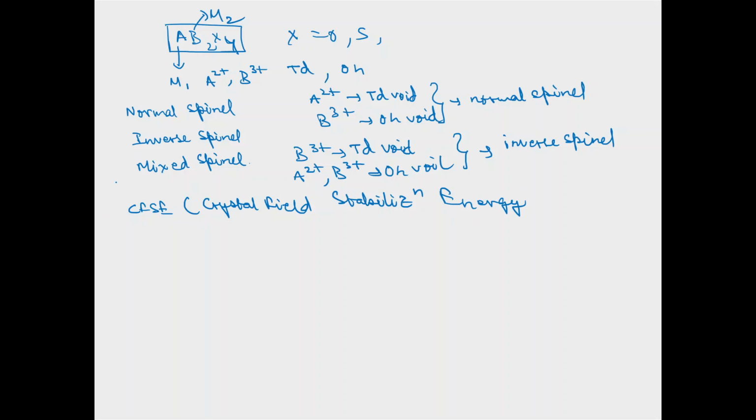In an octahedral molecule, as we know, the d orbitals are split into two energy levels, that is T2g and Eg. So I will draw this.